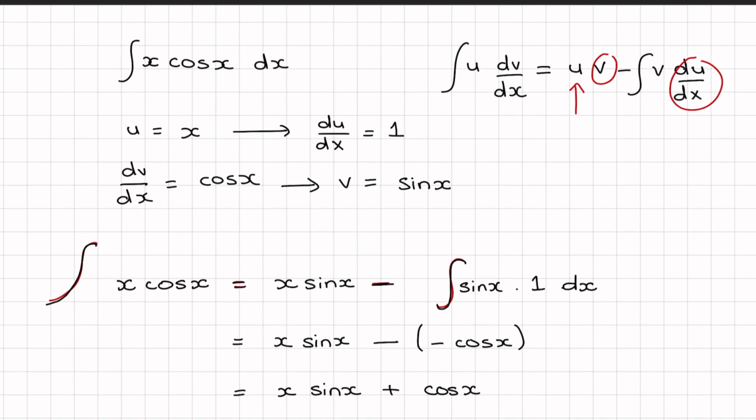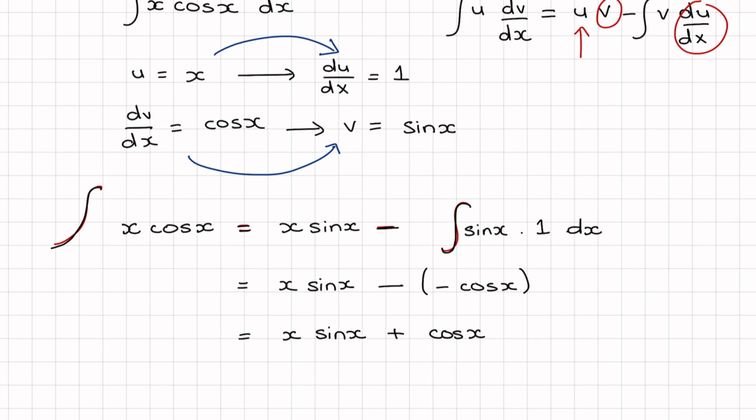So hopefully that gave you an idea of how to apply the integration by parts formula. You need to pick something to be u and something to be dv by dx, and then find du by dx and v, and substitute these into the right-hand side of the formula.